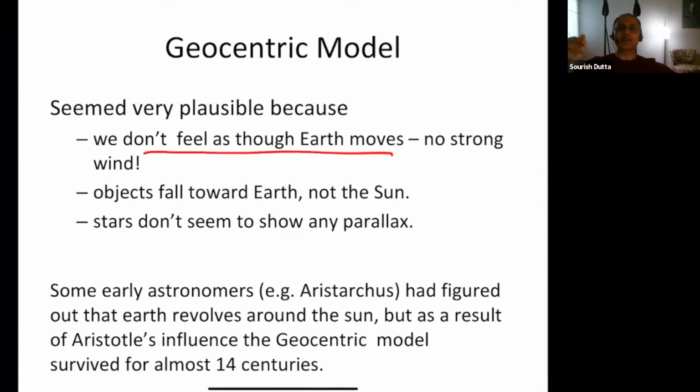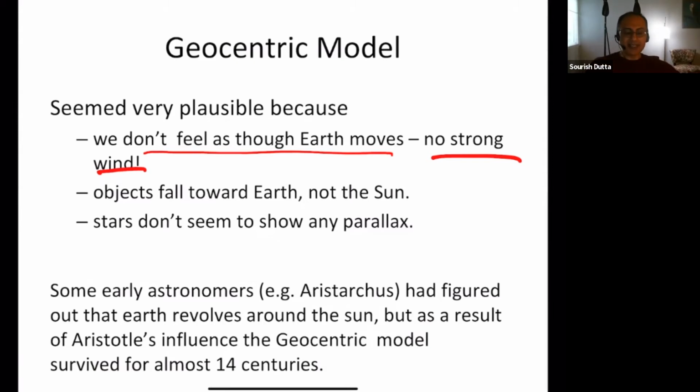And when you ride a horse, there's this wind which blows in the opposite direction, and you know very well that you're moving fast because you can feel this wind. So people at that time would say that the Earth cannot possibly be moving around the sun because there is no strong wind blowing in the opposite direction. How can you possibly say that the Earth is moving? There would be a very strong wind blowing in the opposite direction.